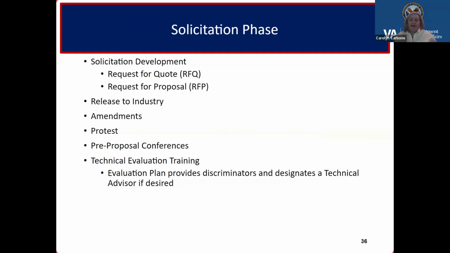Okay, this is the solicitation phase. We'll quickly go through these. There's the solicitation development. There's requests for quotes, requests for proposal, depending on the level of complexity of the requirement, what you're buying, how much information you'll need. The COs release it to industry. There might be amendments to the solicitation.